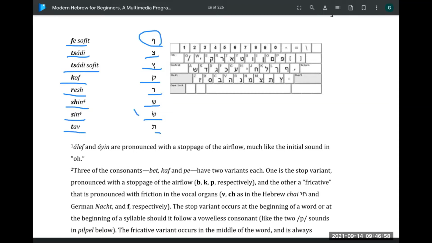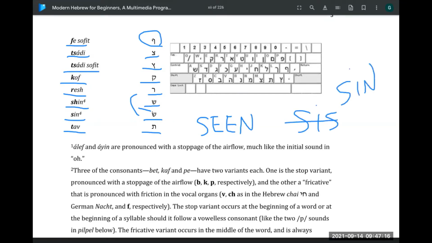So what's the difference here? Well, we've got a superlinear dot here. That makes that Shin, transliterated like this. Sometimes you see it like this, but that actually in English spells Sin, but it's more like a long E sound, Seen.